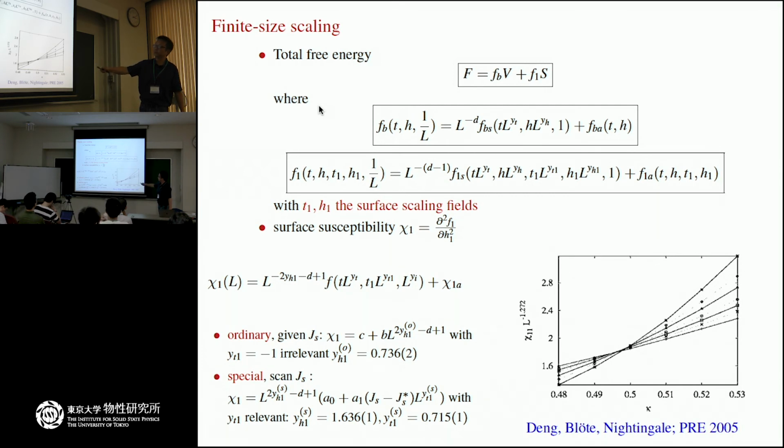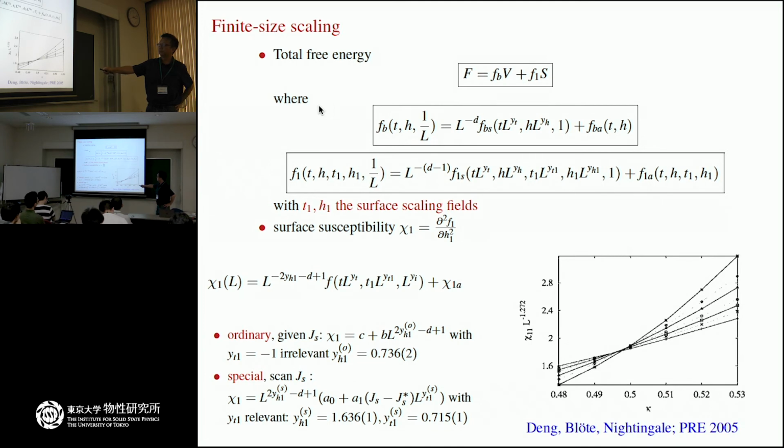Then, from this finite-size scaling of the free energy, you can find this relation. This is the surface susceptibility, with this scaling to Y_H1 minus D plus 1. Yi is the irrelevant exponent.